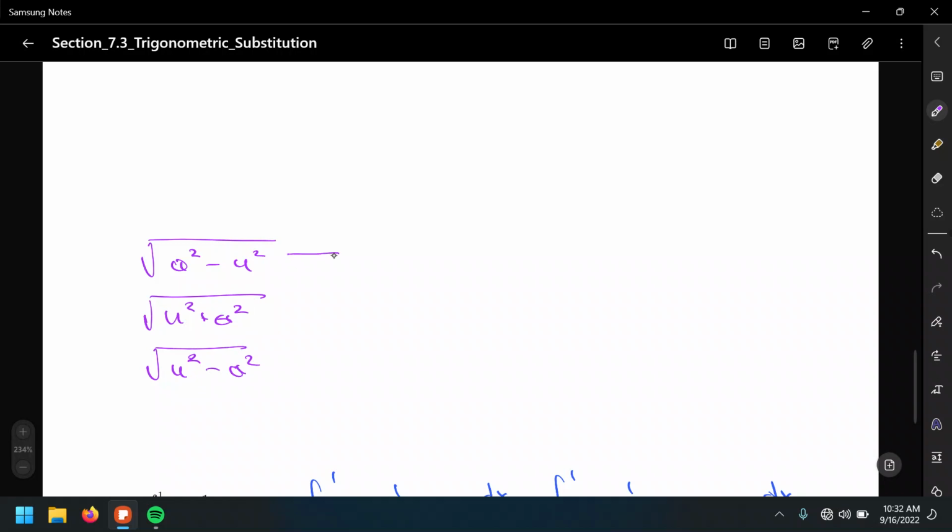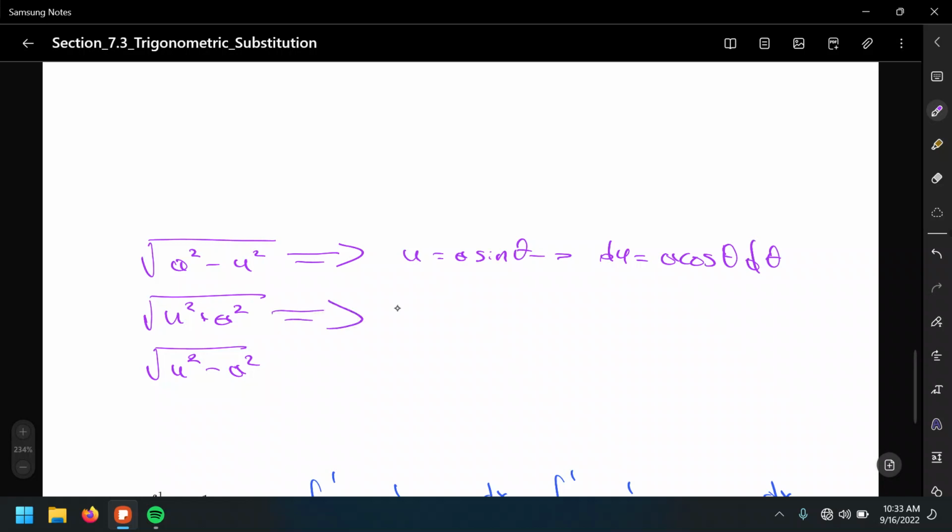And so if you have this form, they just tell you use u equals a sine theta, which means du equals a cosine theta d theta.